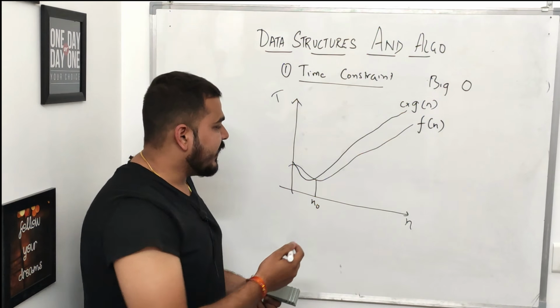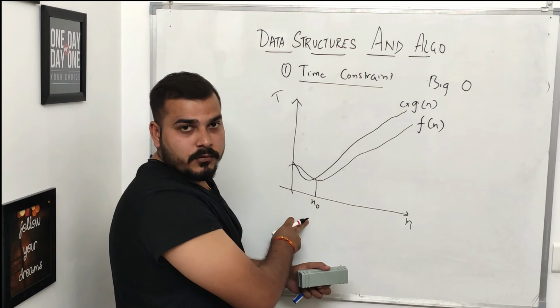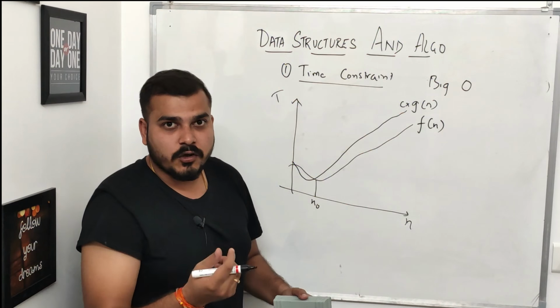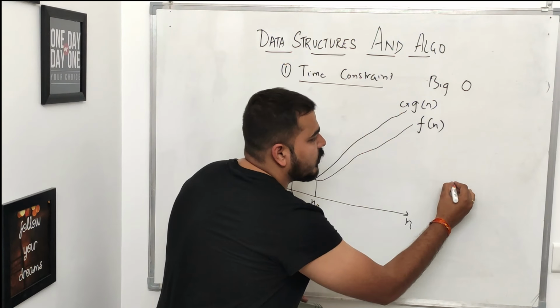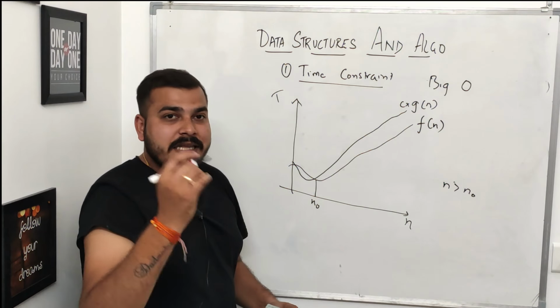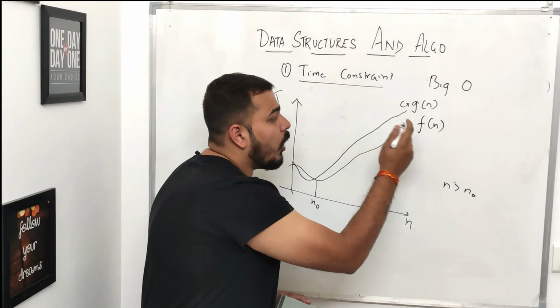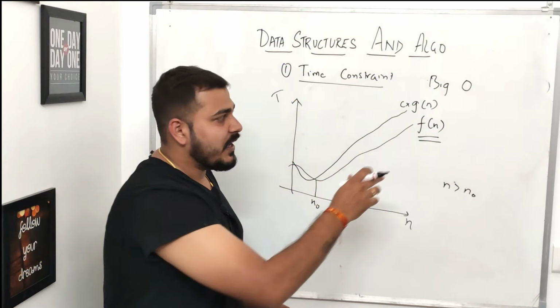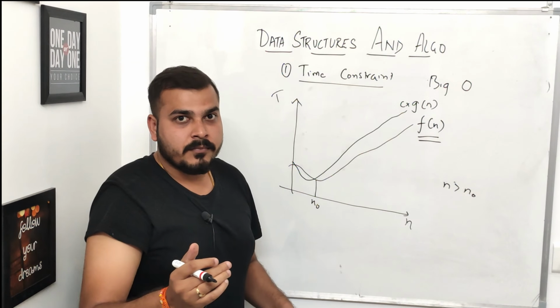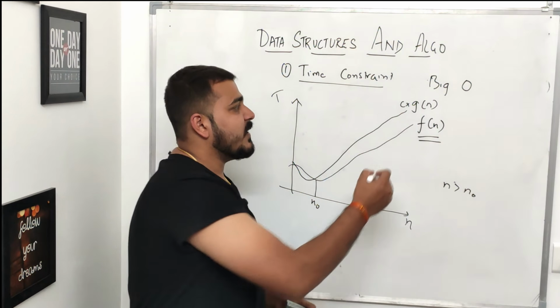This indicates that after this point n0, that is, for input size n greater than n0, there will always be a function C multiplied by g of n which is always greater than this f of n. This f of n is my time constraint. So this is basically my worst case.